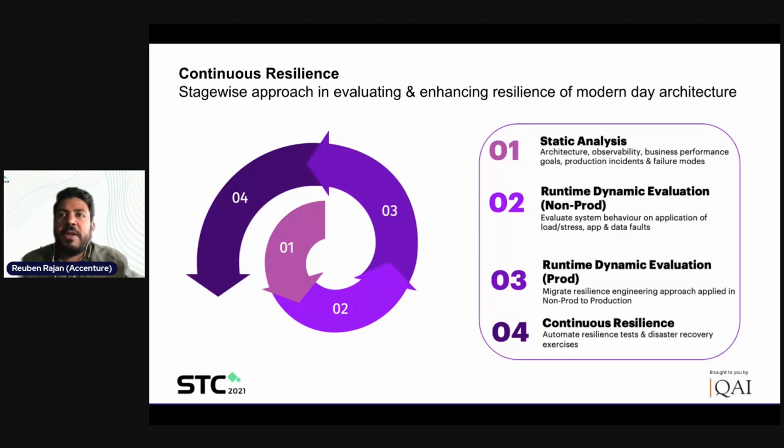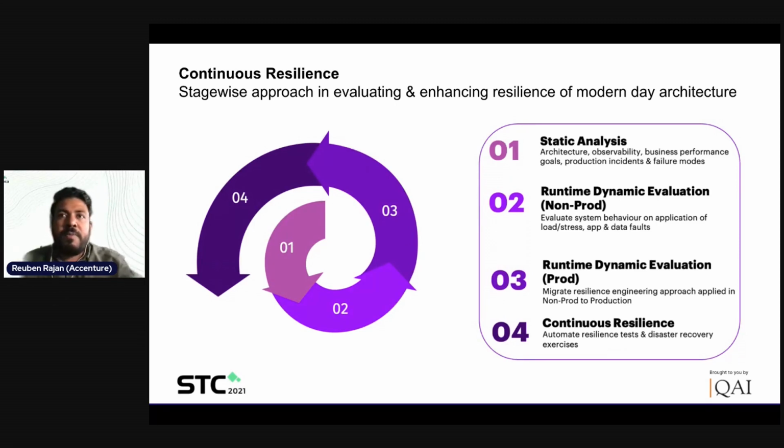But the simplest would be to look at the architecture as a whole, and then start decomposing it based on business flows. That would be the ideal way of doing it, with business flows and all the technology components within that business flow. Then you zoom in on those technology components and understand the application that's running it, the software that's running it, the hardware it's based on, and the network.